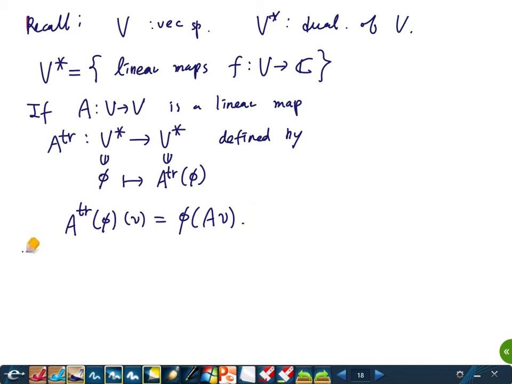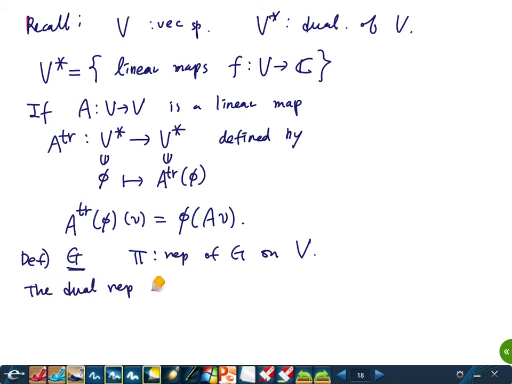All right, now it's time for the dual representation. So as before, matrix Lie group, representation of G on V, the dual representation, denoted pi star, is the representation of G acting on V star by the following rule.